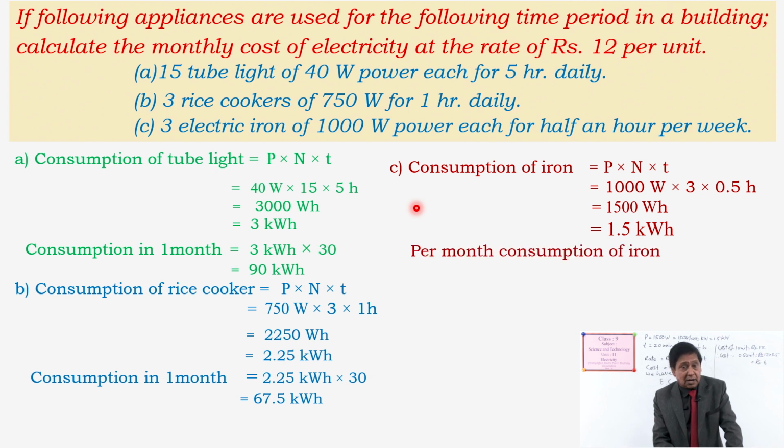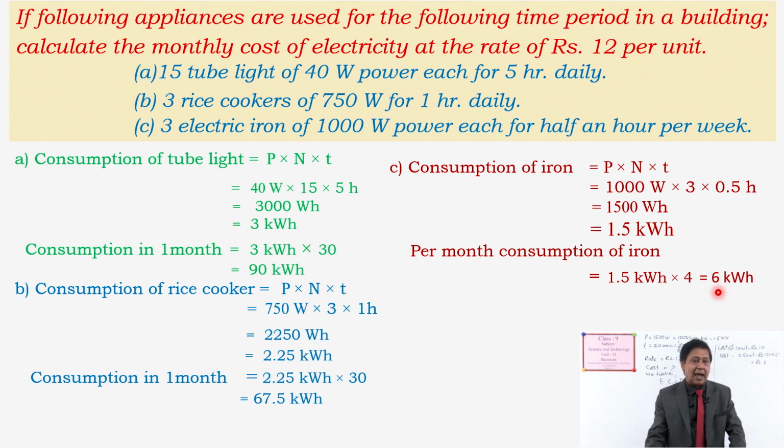Then per month consumption of iron will be equal to 1.5 kilowatt hour into 4. Why multiplied with 4? Because we can say that 1 month contains 4 weeks on average. That's why the average value 4 is taken. 4 weeks make 1 month. In that concept we get this answer 6 kilowatt hour.